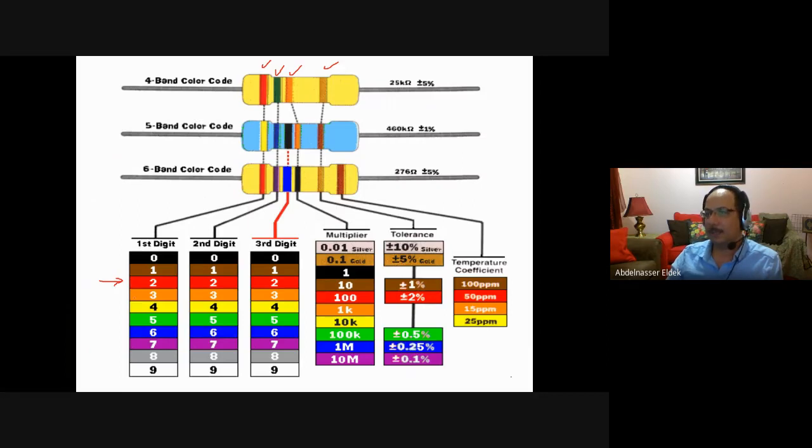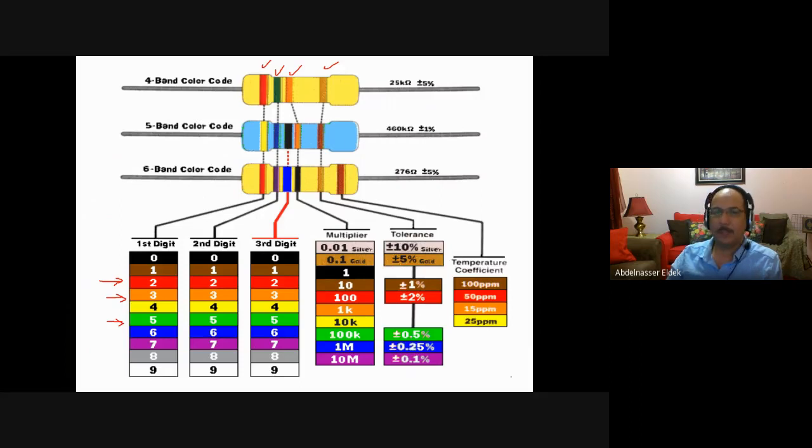Second color is green, so green is 5. Third color is orange. Orange is 3. Fourth color is gold, and gold here is 5%.